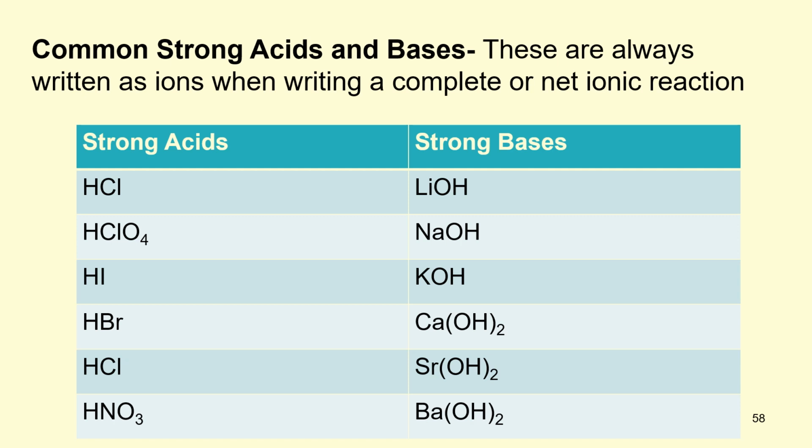If it's any other acid, meaning it starts with an H plus or an H, it will not dissociate, and if you have any other base, it will not dissociate. And let me just point out here, for example, don't forget the 2, so calcium will break apart and give you 2 OHs, and the same with strontium and barium.